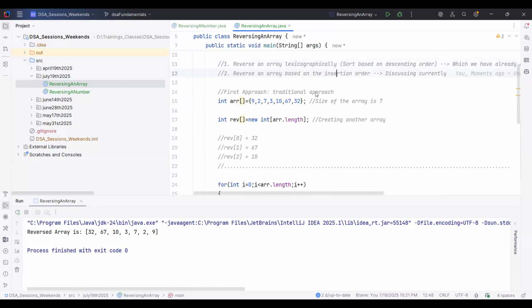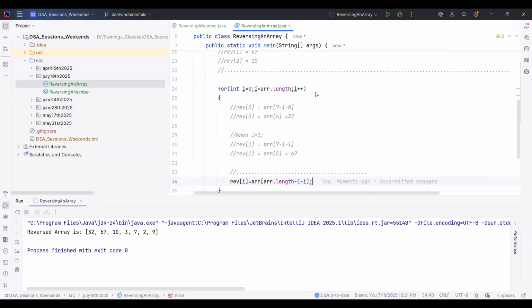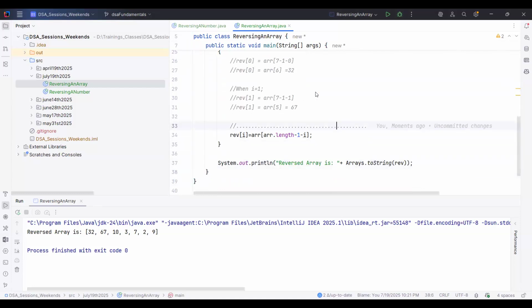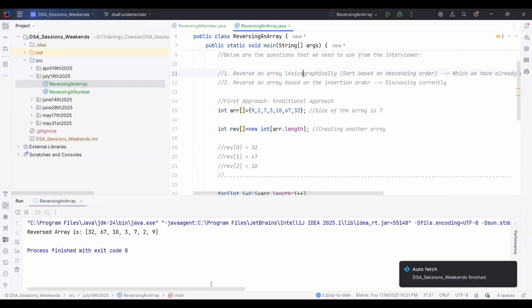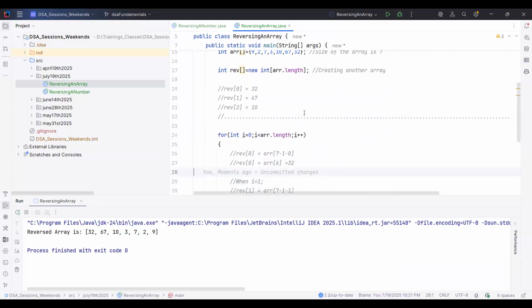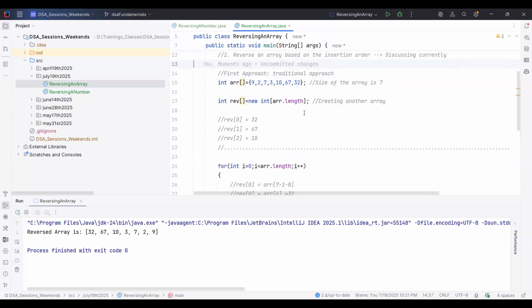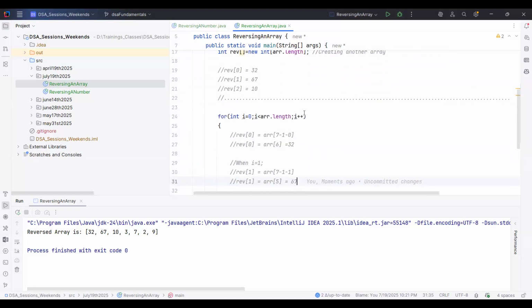Is this clear, everyone? How do we do this in the first approach? That is the traditional way. Rahul, how is it getting reversed? Like the second line, number 18, 17. Tell me, how is it getting reversed? I mean, the 32 is coming at index 0. Yes, that is what we have written in the for loop logic, right?